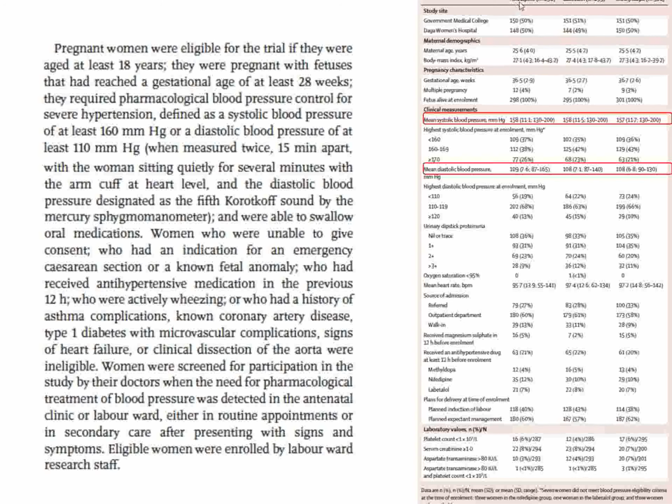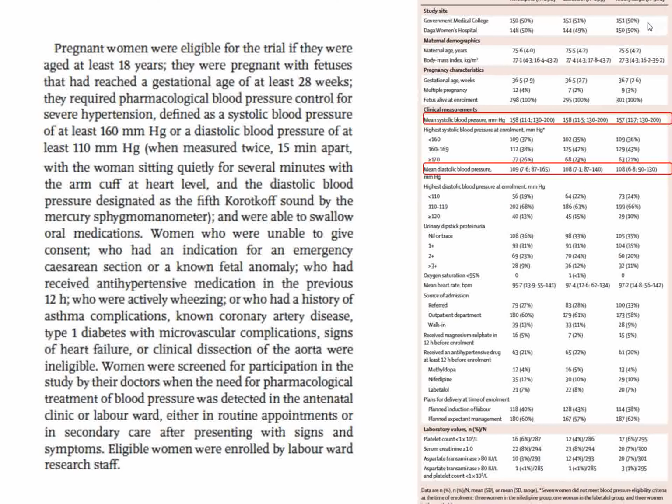They were randomized to nifedipine retard, to labetalol, or to methyldopa. And we see here the systolic blood pressure 158, 158, 157. Diastolic blood pressure of 109, 108, and 108 in these groups of women, almost 300 in this group, almost 300 in that group, and 301 in the methyldopa group.